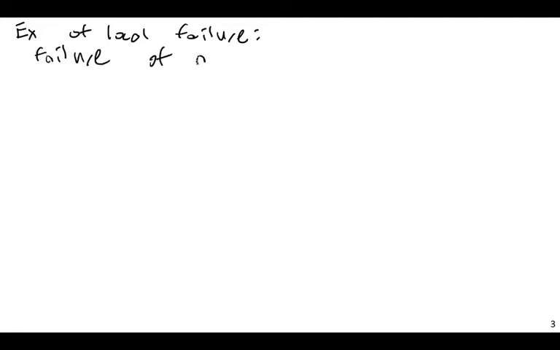If you're having any trouble remembering this, the best way to illustrate an example of local failure would probably be something like bending: buckling in maybe some sort of web buckling or web crippling in bending. A failure of a web in bending.